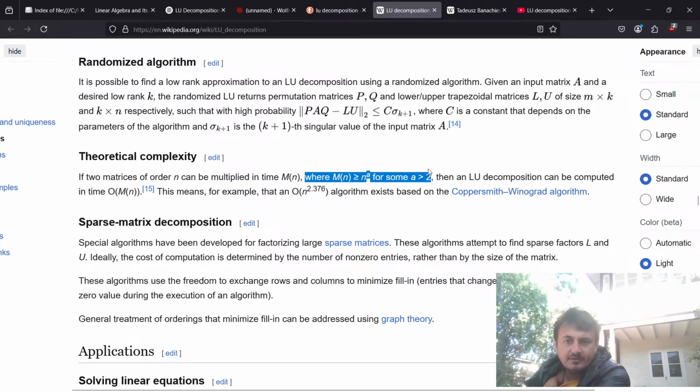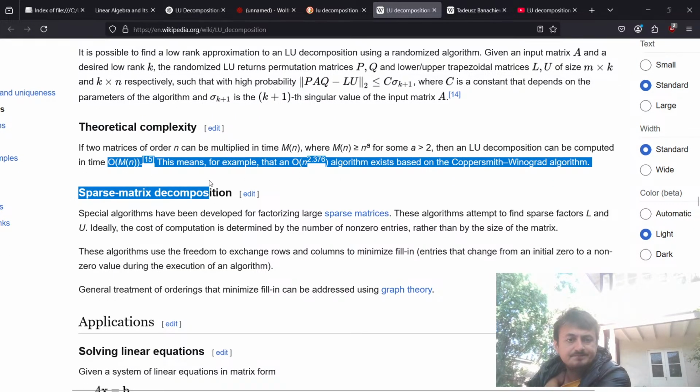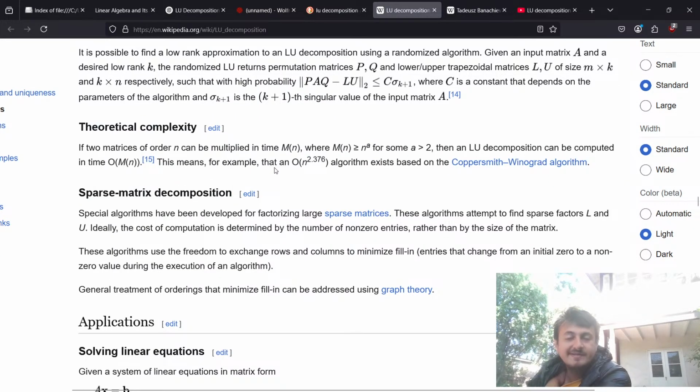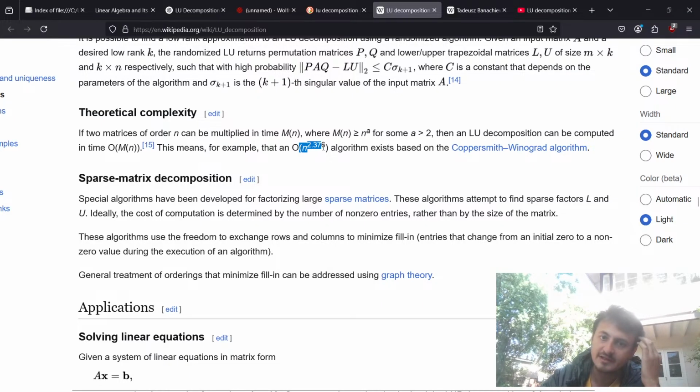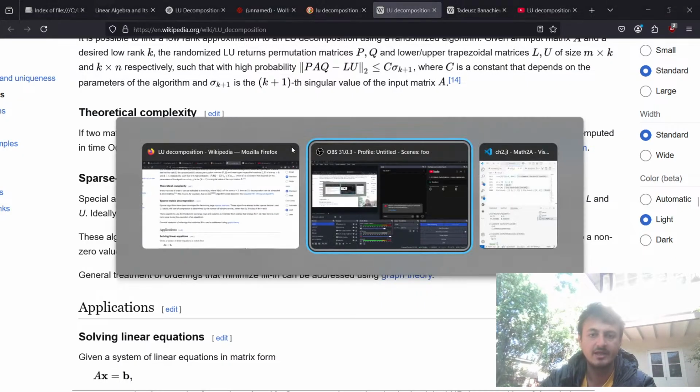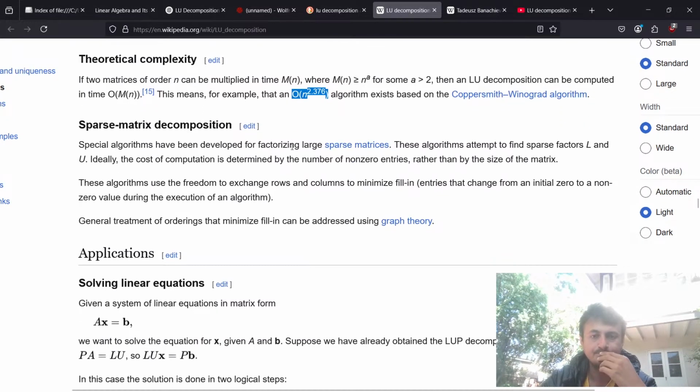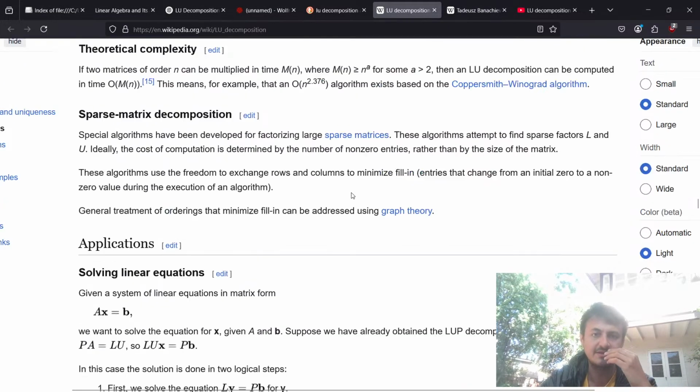Well, maybe they do. Then an LU decomposition can be computed in O(M(n)). So technically you can compute the LU this way, but for all reasonable things, we use row reduction and we get an n^3 in the compute.